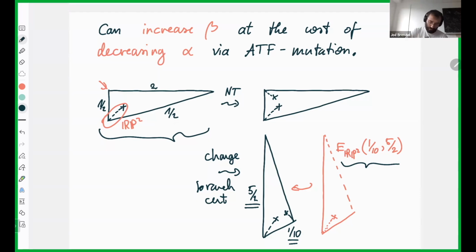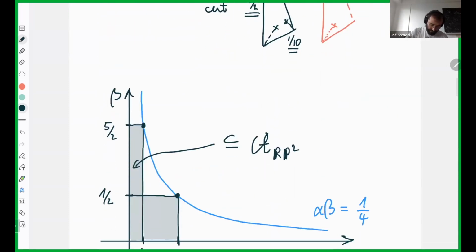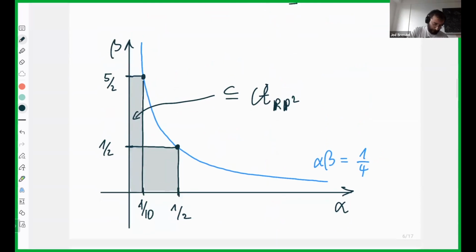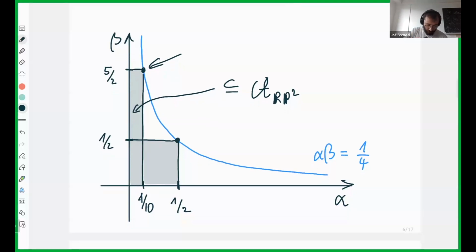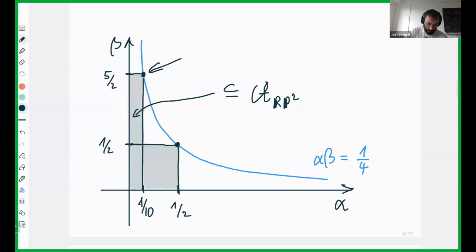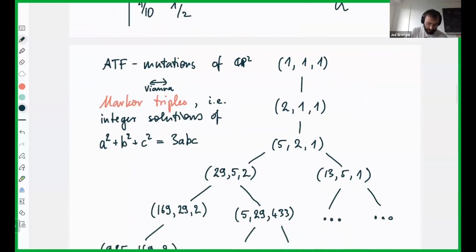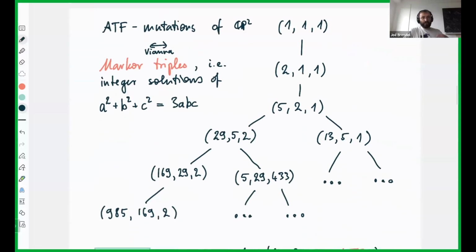And so on. You can go on and mutate. From this one, you get this point up here and the corresponding rectangle below it, which is inside of this admissible set. And further mutations, fortunately, there is a nice bijection, so this is very well understood.